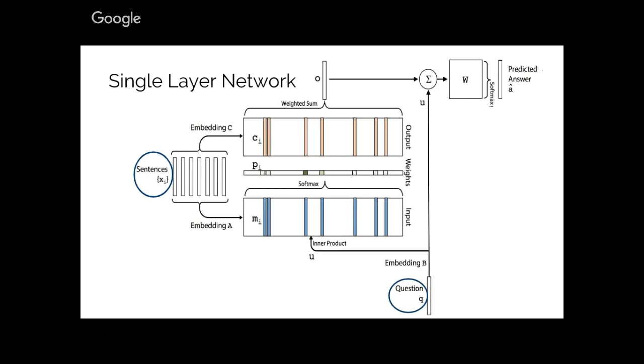Is there any difference between embedding A and embedding C? Should embedding A represent what type of question I can answer, and embedding C focus on the actual answer to the question?